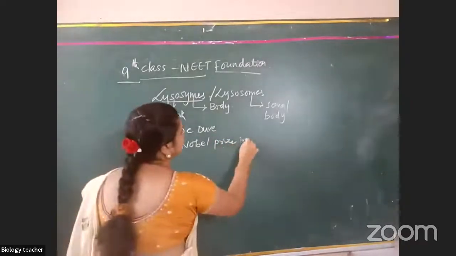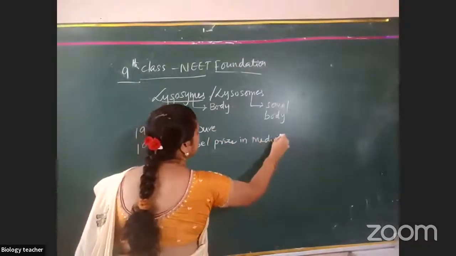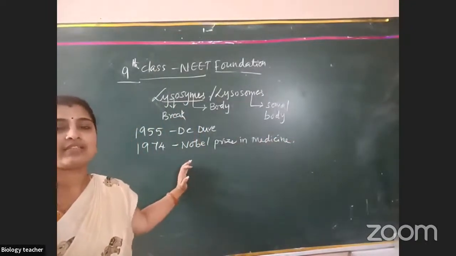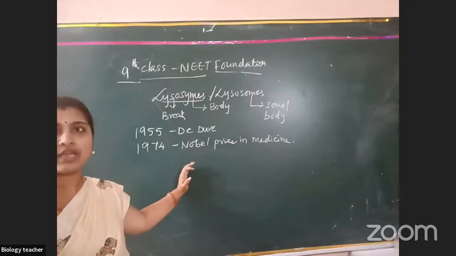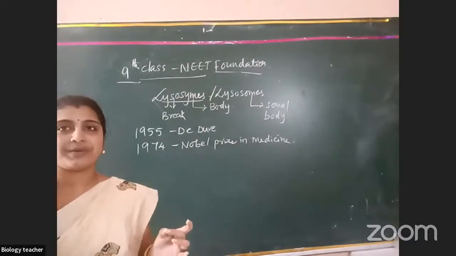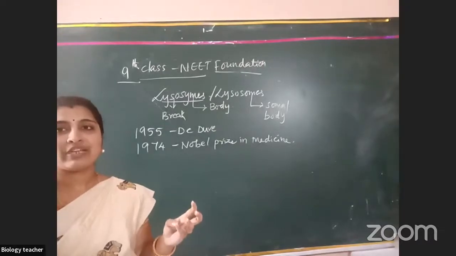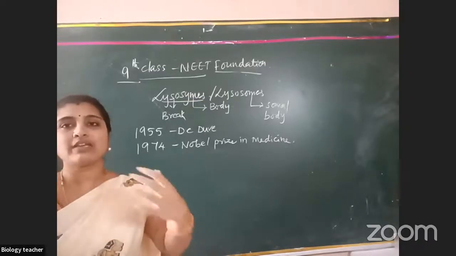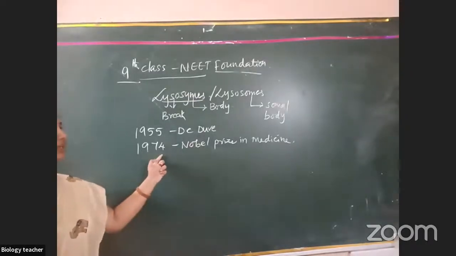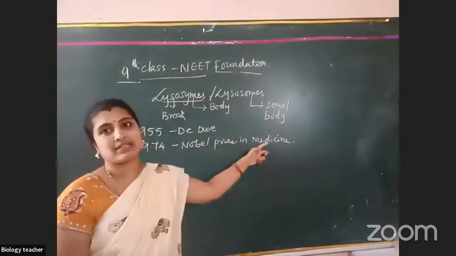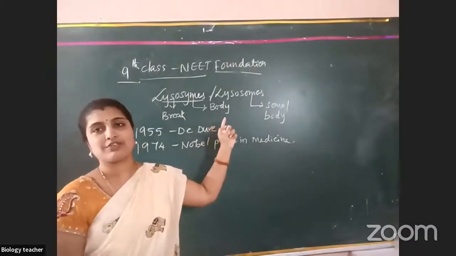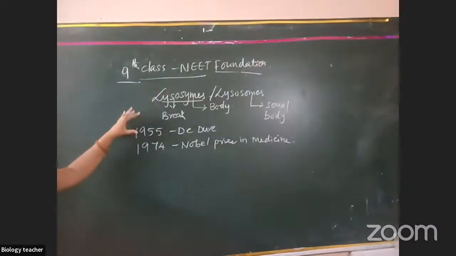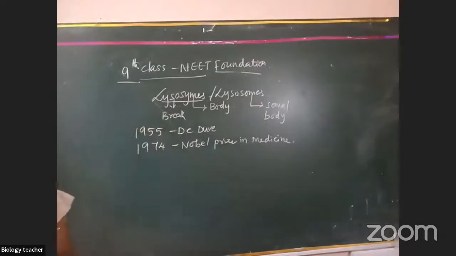In medicine. Every year scientists get Nobel Prizes in various fields: art, literature, medicine, physics, chemistry. In 1974 it was in medicine, because it is related to medical practice now. That is why he got the Nobel Prize in medicine, because he discovered lysosomes in the year 1955.